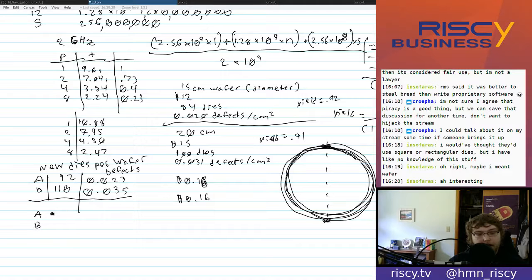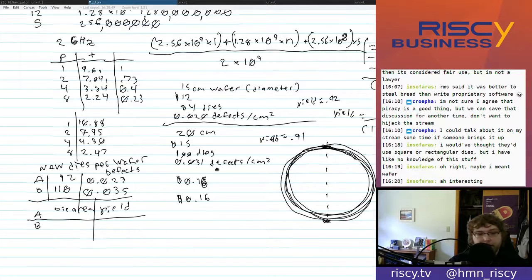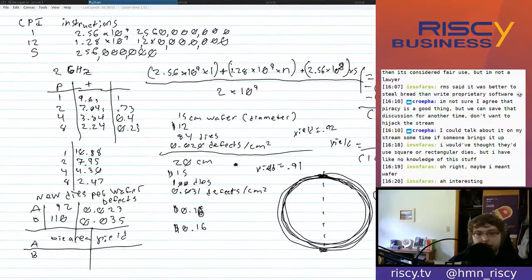A, B, die area, yield, okay, so we'll need the die area before we can calculate the yield. So let's focus on those.